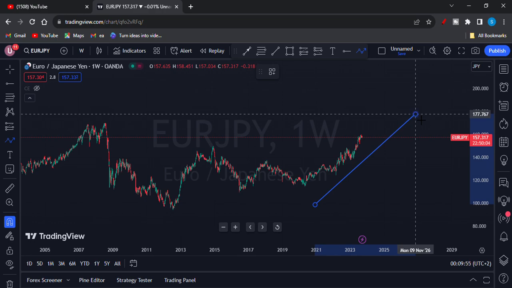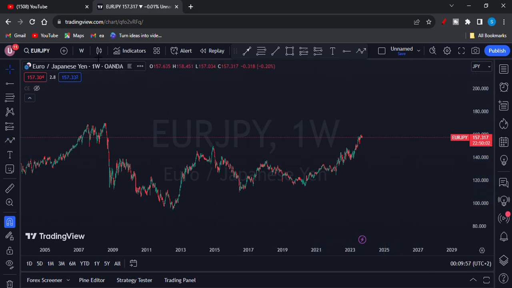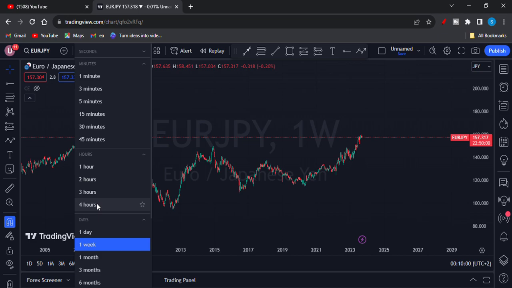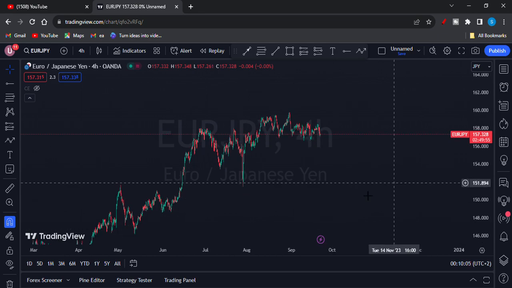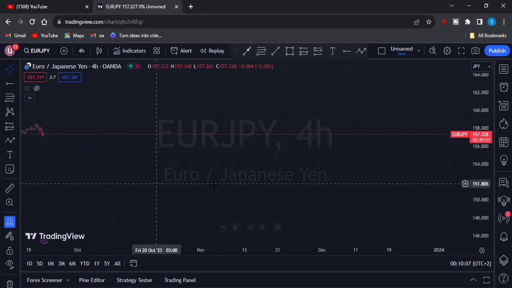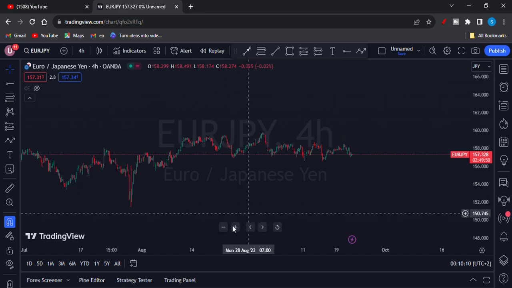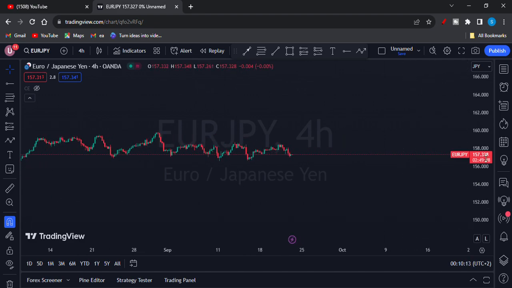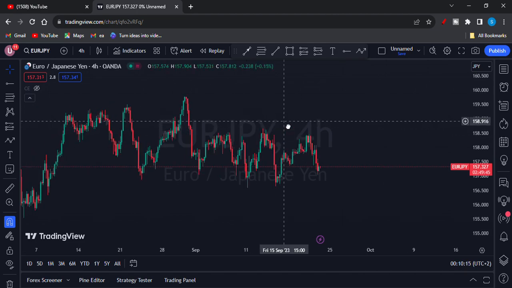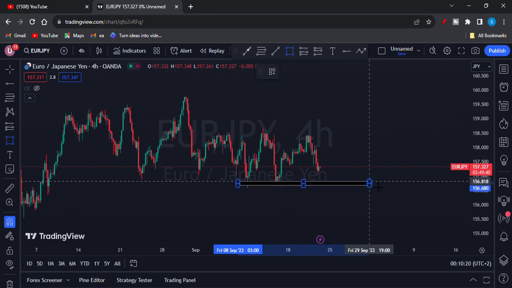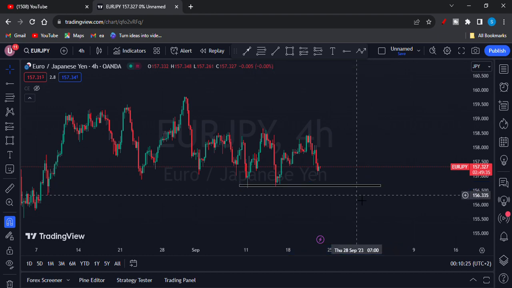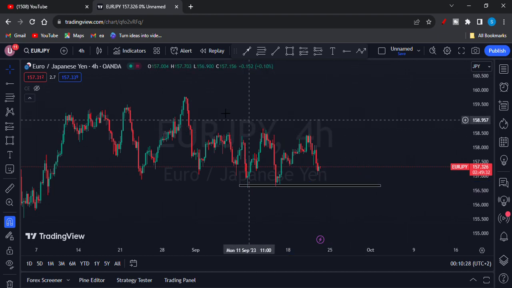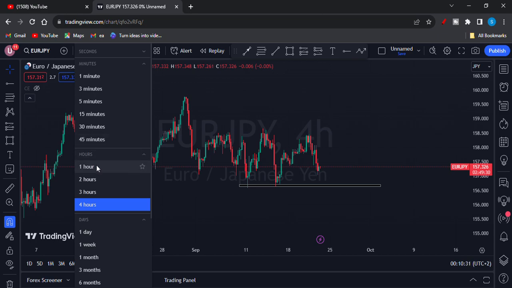So on a weekly we are on an uptrend, and then let's go to our 4 hour, and then let me just block this so that we can see our candlesticks clearly. So what I'm seeing currently, I'm seeing this support area right here, and then let's go to the hourly.